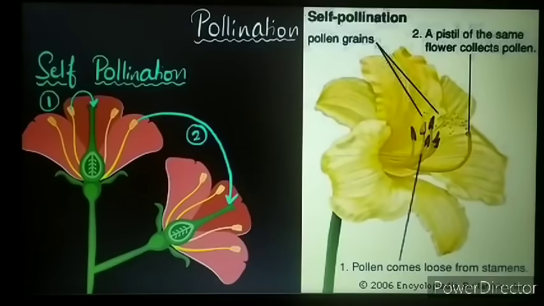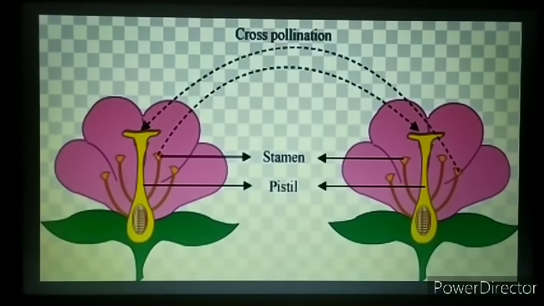So cross means, yes, exactly, between two different plants but of the same species. Well, cross-pollination is transfer of pollen grains from one flower to another flower of different plants.